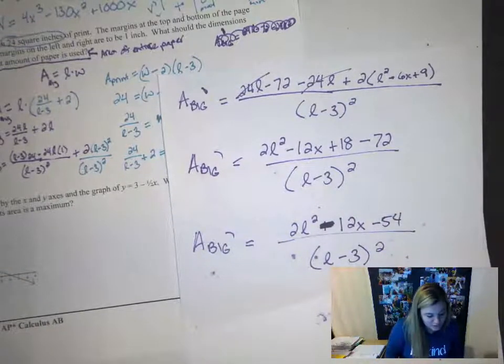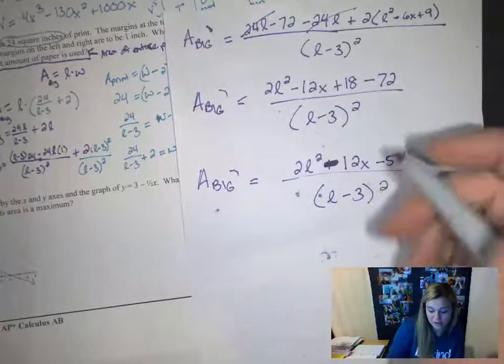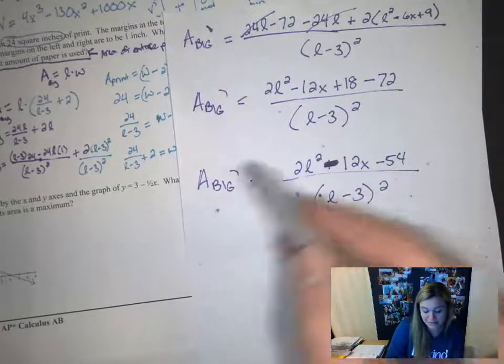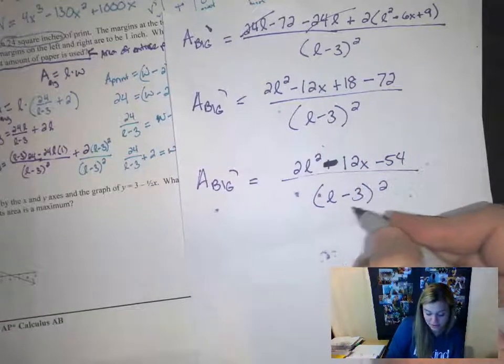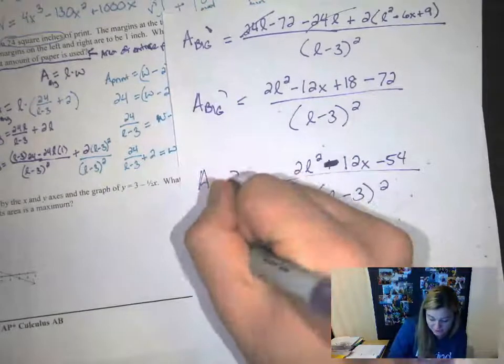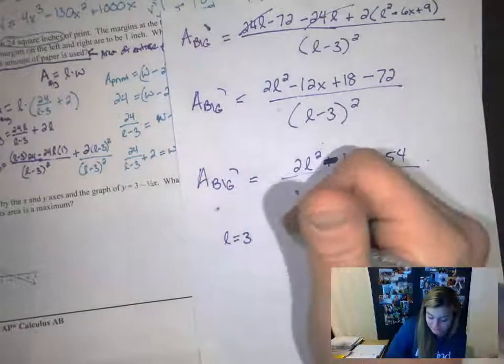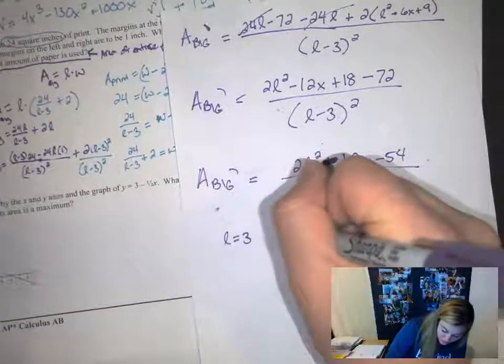And then I want the places where L is going to be a critical value. So either where L makes this derivative not exist. So in the denominator, if I set the denominator equal to 0, I would say at L equals 3. Or in the numerator, where the numerator is 0.